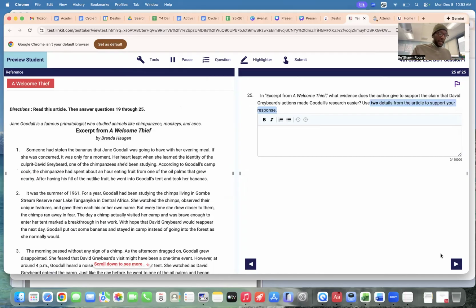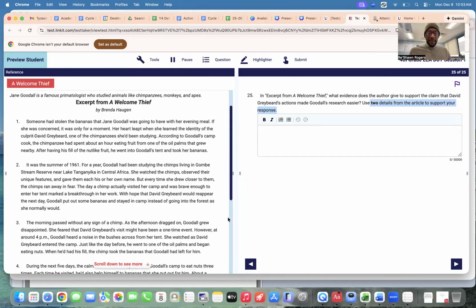So let me go ahead and write down my answer, starting with my sentence starter. The evidence the author gives supports the claim by. I'm going to go ahead and write all of that down.